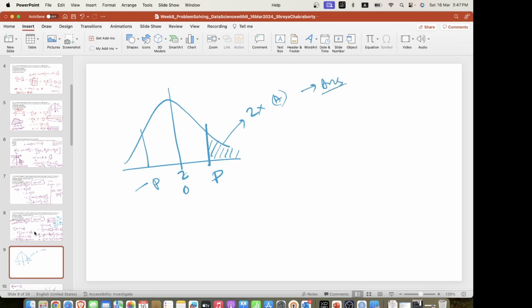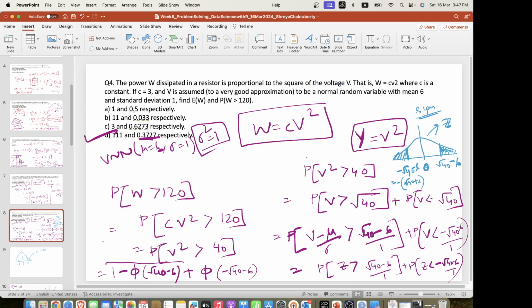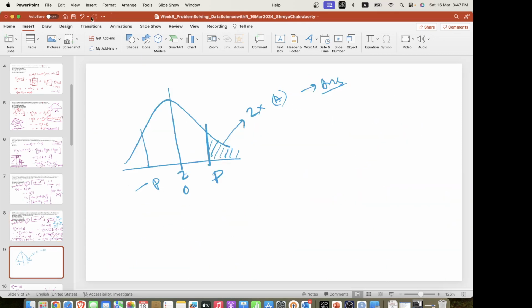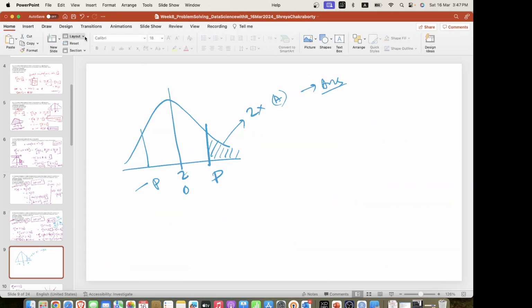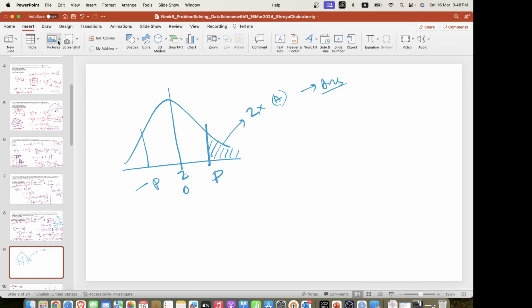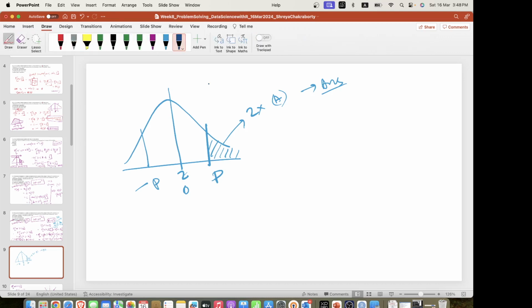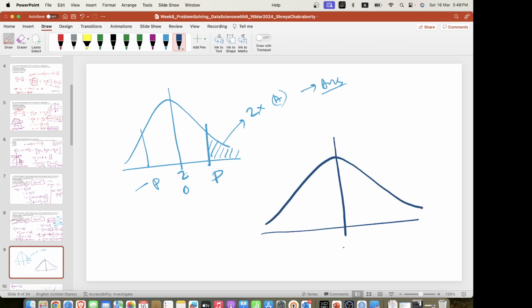But why that is not possible in this case is because this is my Z distribution. The distribution is centered around the point 6, but the Z distribution's center is 0.